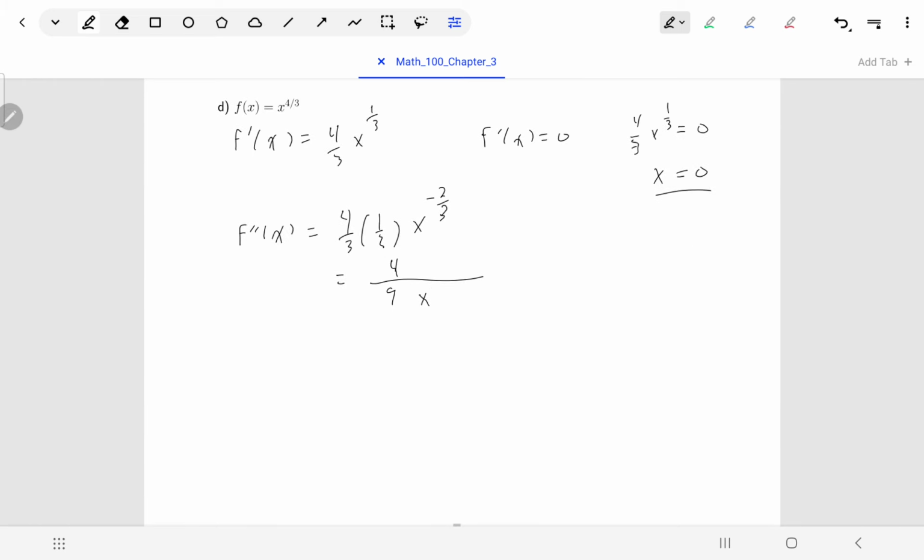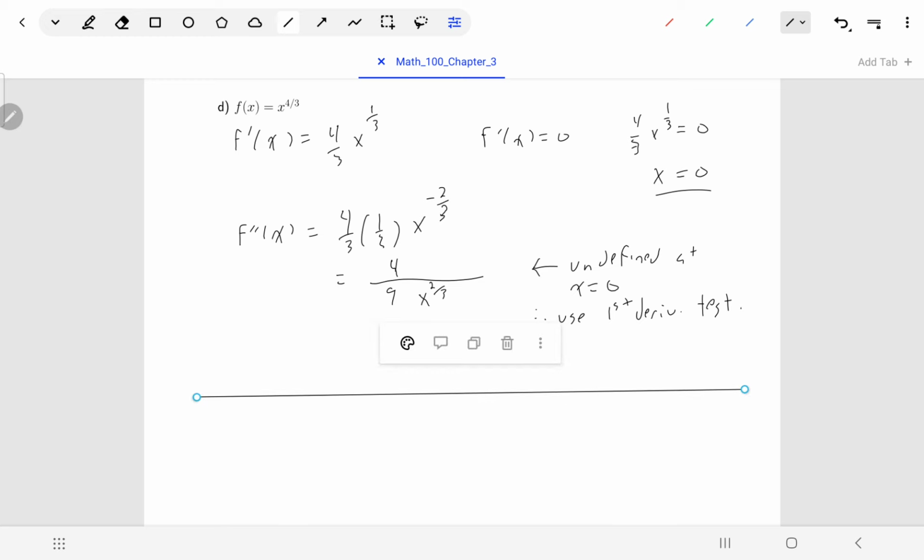And remember, there are two ways where your second derivative test won't work. One of them is if your second derivative is equal to 0 at your critical number. The other is if your second derivative doesn't exist at your critical number. And our second derivative does not exist when x is equal to 0. So instead, I'm going to use the first derivative test.